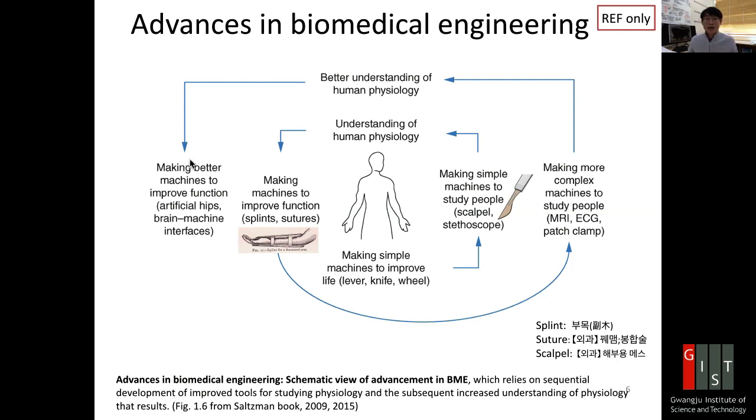For example, now we have artificial hips or joints, and we are even talking about brain-machine interfaces. So this shows the advancement in biomedical engineering and the sequential development of improved tools to study physiology, and the subsequent increase in understanding of physiology that results in a dramatic increase in our human life expectancy and quality of our lives.